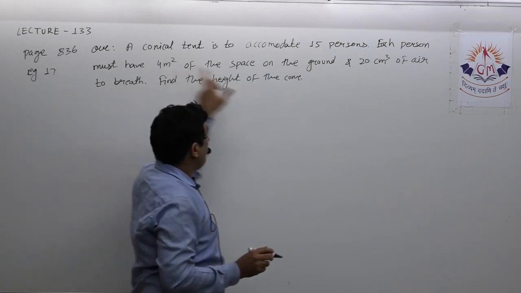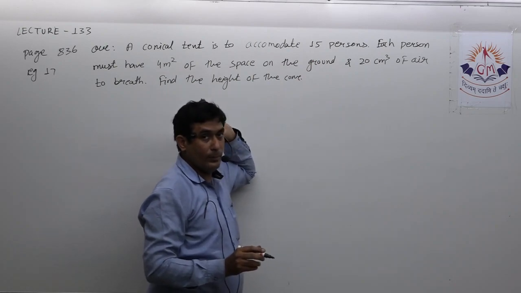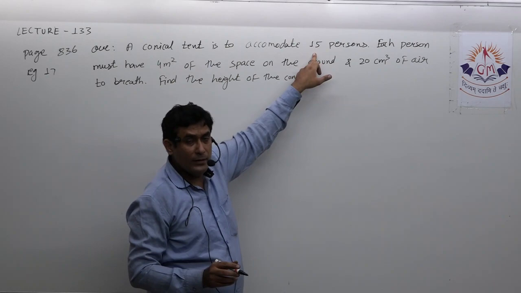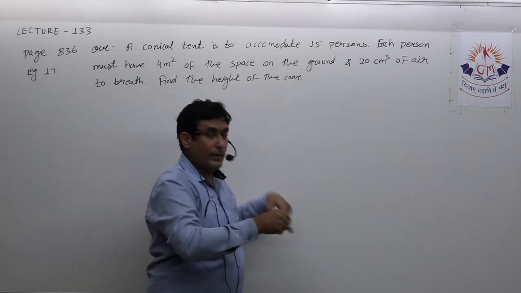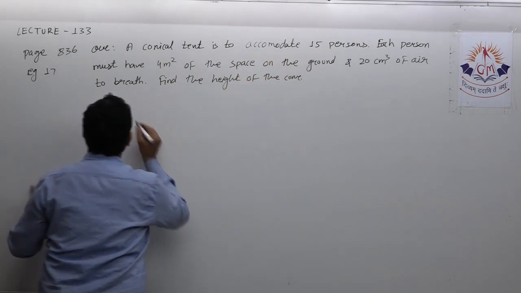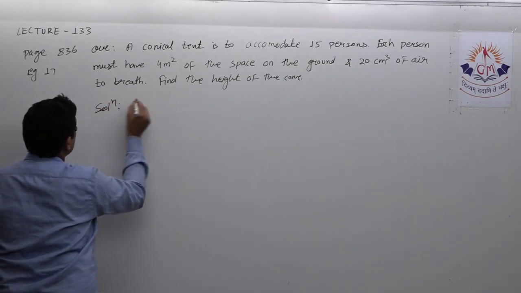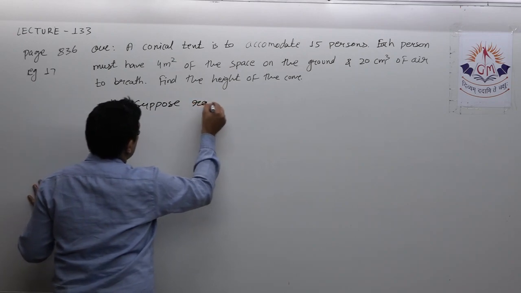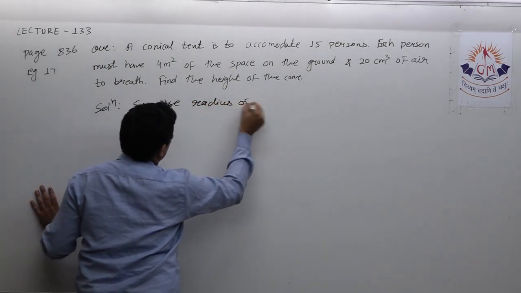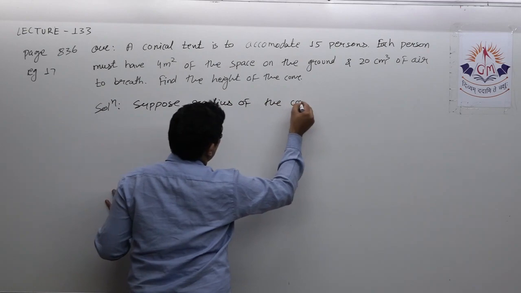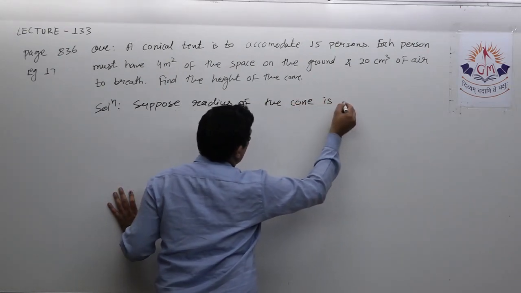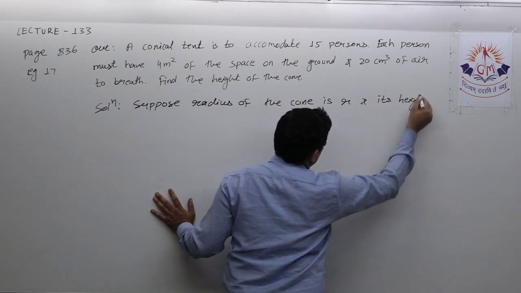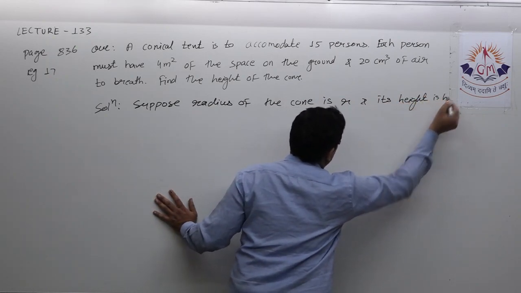So for 1 person the area of ground required is 4, and for 15 it is 15 multiplied by 4. That means we will get the area of the base in that way. So let us see. Suppose the radius of the cone is r and its height is h.